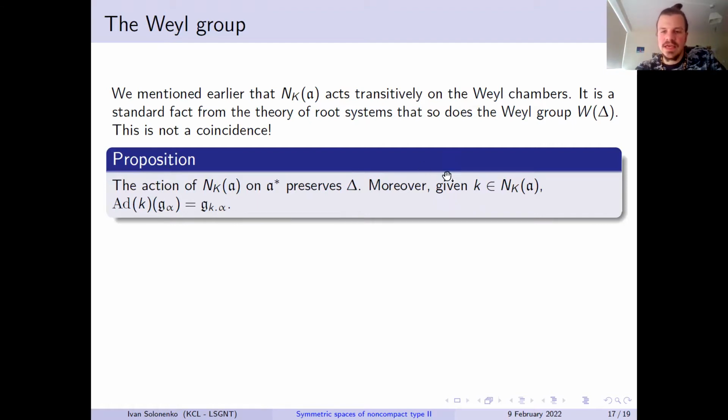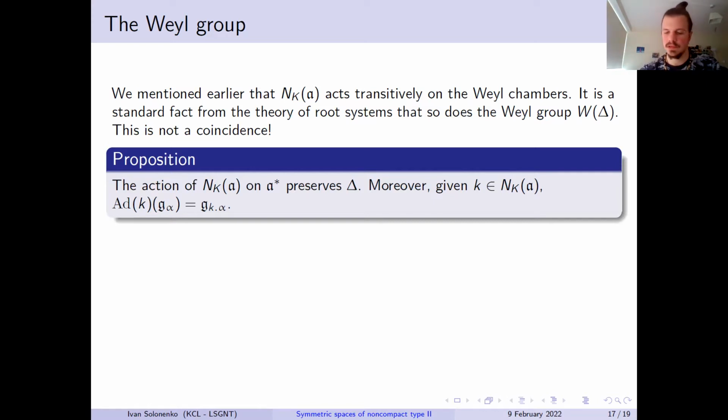If you have k here, it maps the root alpha to some other root k alpha, and to get the corresponding root subspace g_{k alpha}, you need to take the root subspace g_alpha and act on it by the adjoint action of k. So the action of k on the root subspaces is compatible with the action of k on the roots.